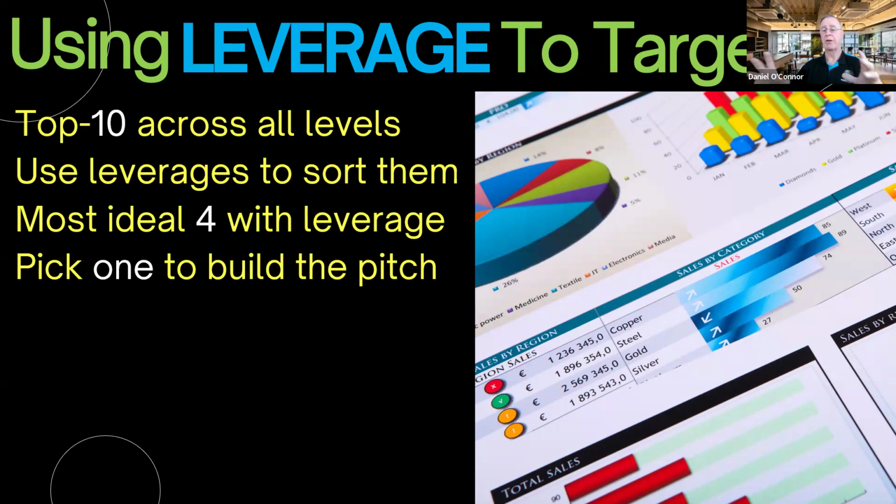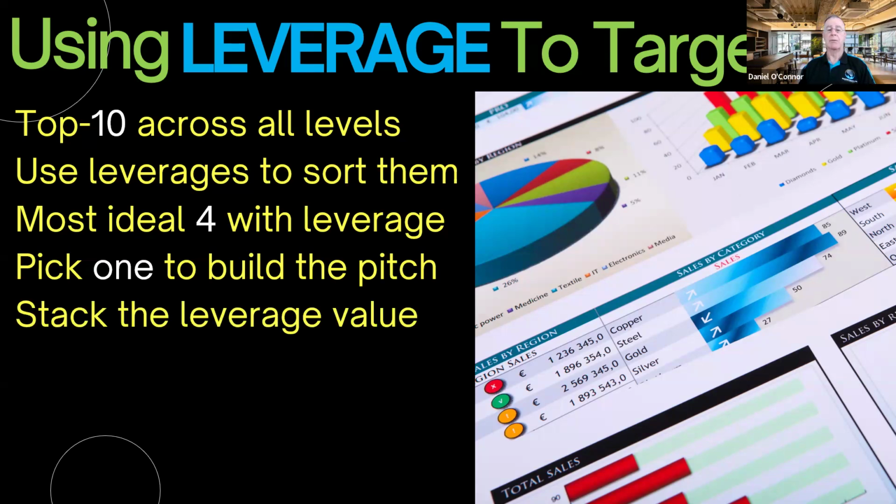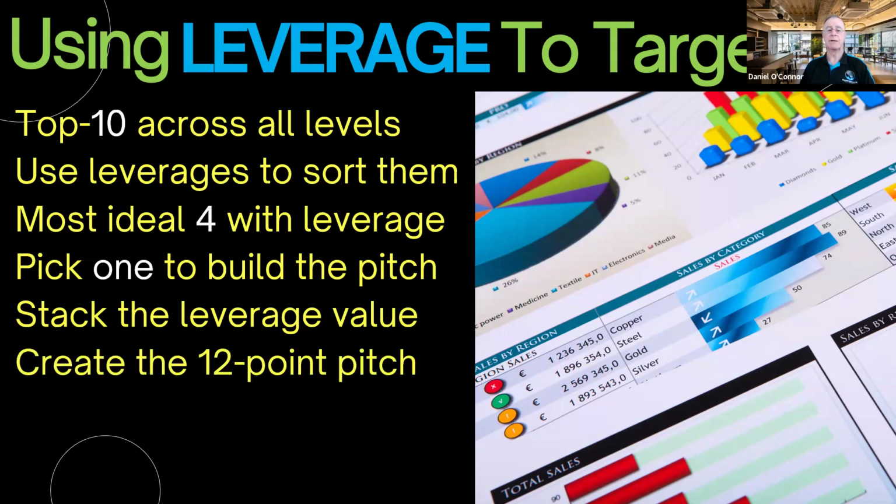What is it going to be worth? What are those extras going to be worth to them? And then once you start to monetize those, you can stack them. Once we stack the leverage values, we're looking to make it up to the amount we're asking for if it's a funding pitch, but also to cover the costs if it's any other pitch.